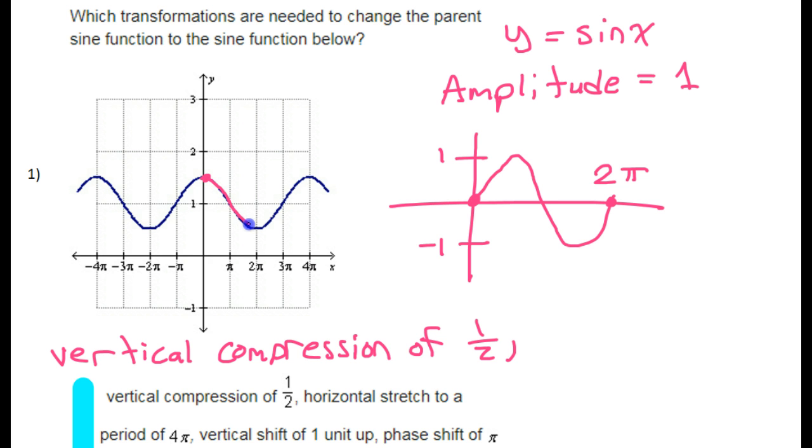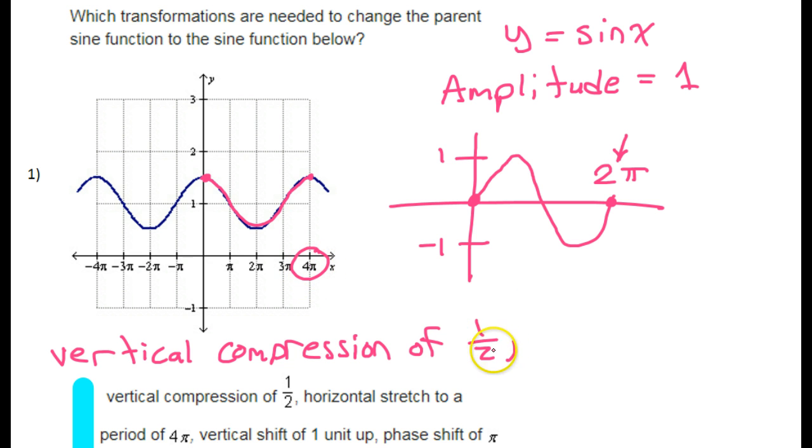Okay, but it would have been fine to use this portion of the graph that's even easier to see. Even though this looks like a cosine, we can think of this entire graph as a shifted sine function. Anyway, the point is it's easy to see the period from crest to crest, and it ends here at 4 pi. So look, the period is normally 2 pi, and now the period is 4 pi. That's double.